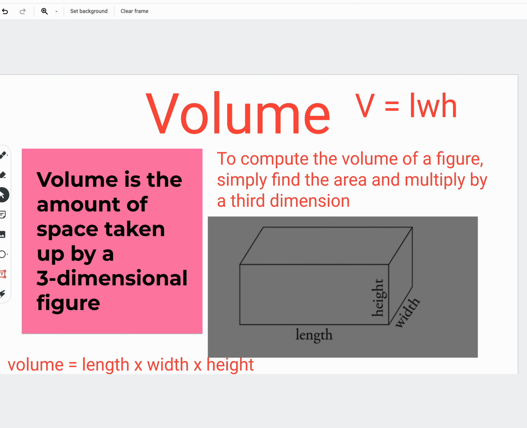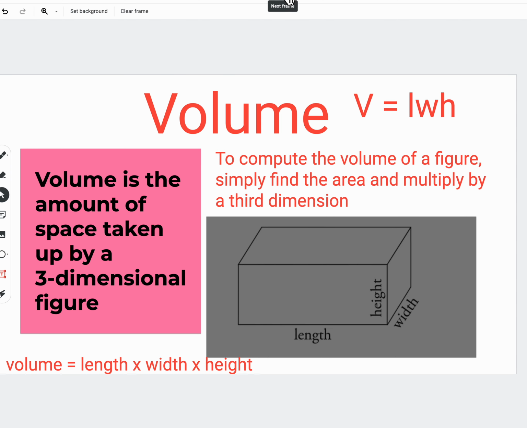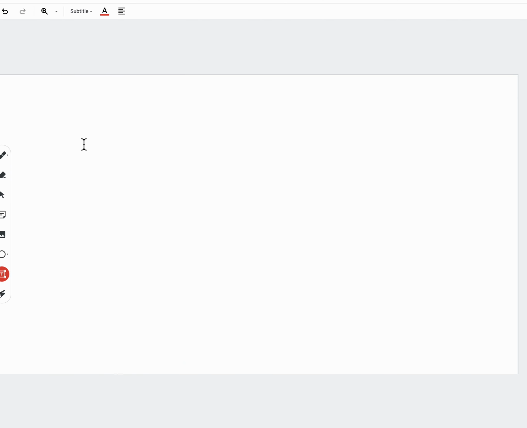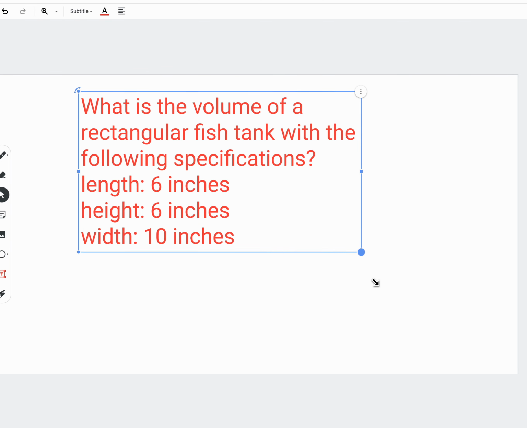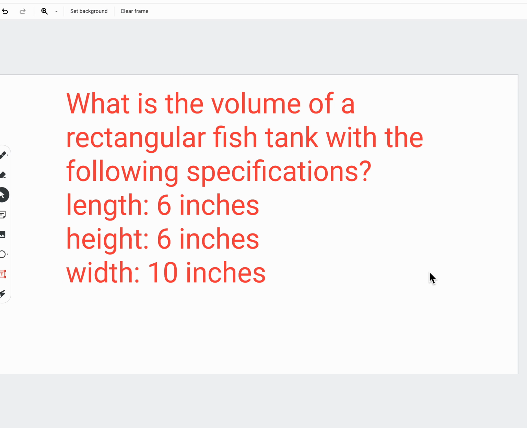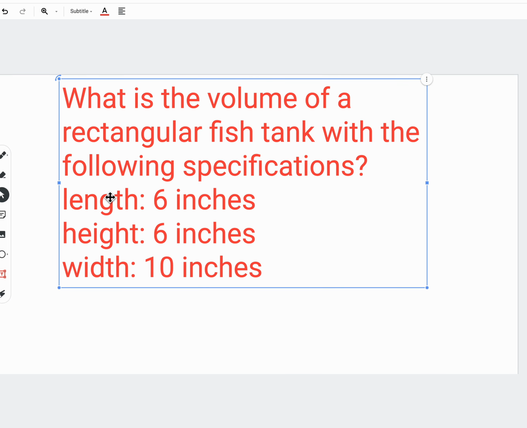Let's try a practice problem. What is the volume of a rectangular fish tank with the following specifications?